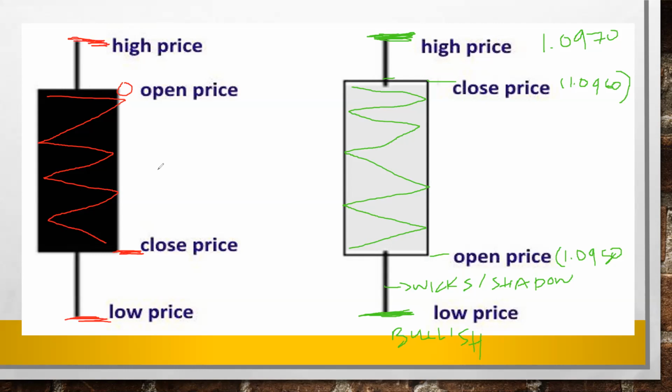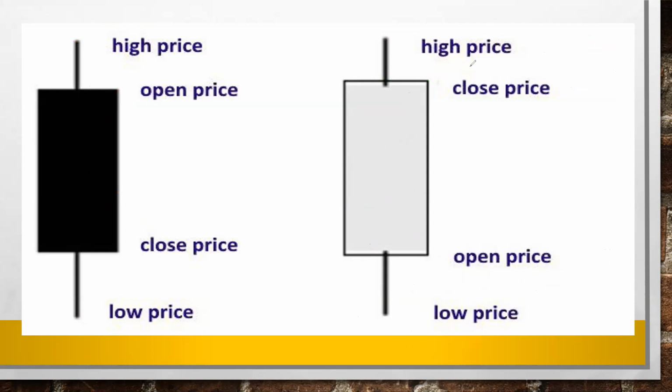So by looking at the candlestick, you are able to tell the price movement that has taken place in a certain period of time. That's why we use candlesticks, because their presentation of data is quite understandable and easier to interpret.